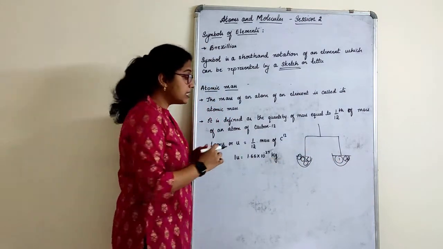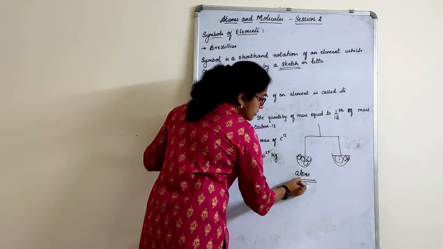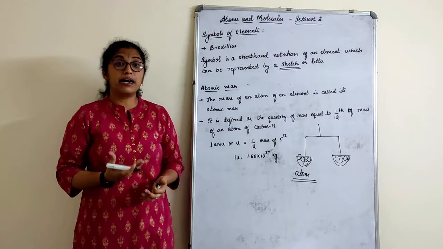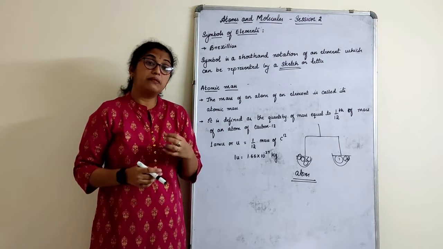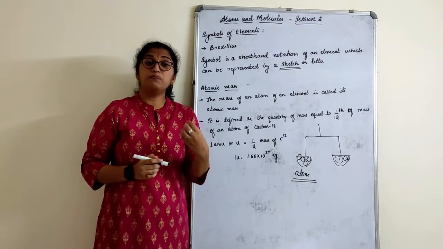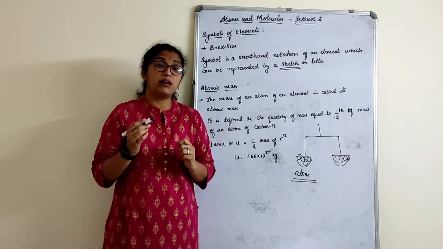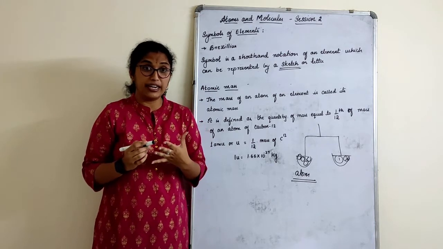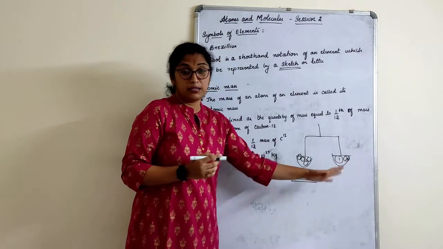Now, similarly, assume that I have put some atoms here. One atom is present here. How do I find the mass of an atom? Atom being so small, can you just imagine what would be the mass of an atom? Quite difficult, right? But with what would I compare this?